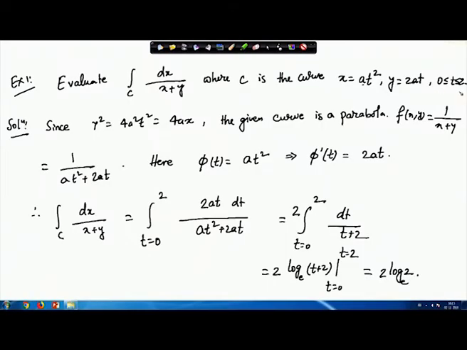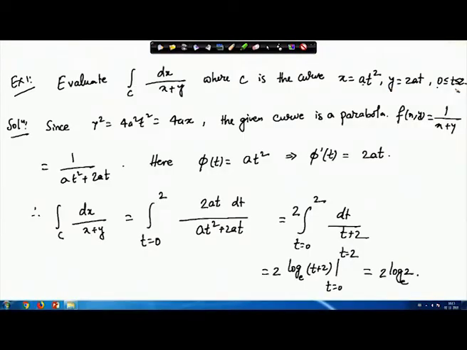In this case we have a function and we need to calculate its integral along this parabola from the point t equals 0 to t equals 2. If I substitute t equals 0, that means the point (0,0), so we are calculating the integral from the origin, and when I substitute t equals 2, it's (4a, 4a).